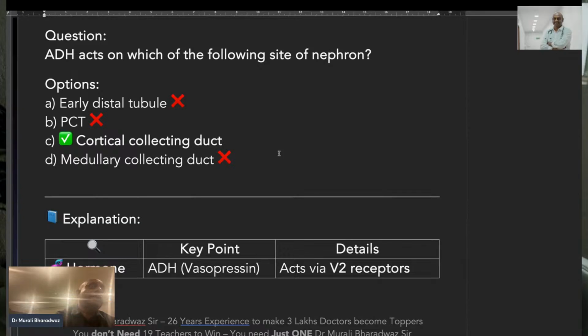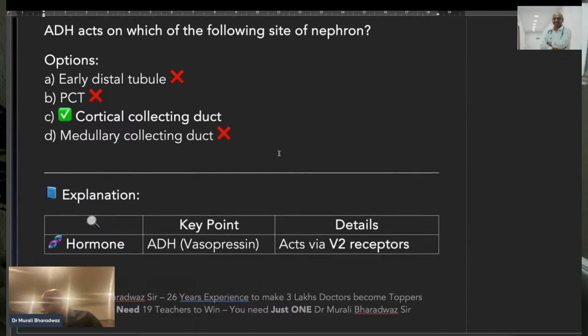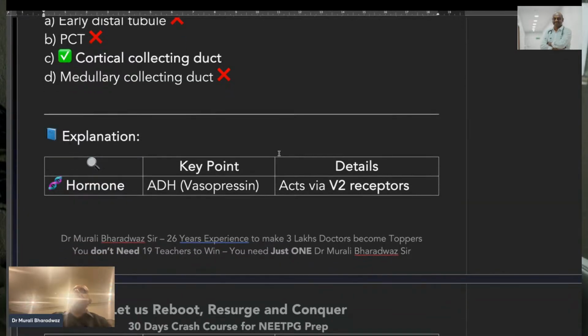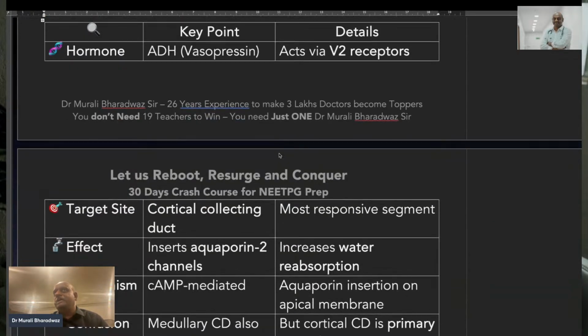Where is the sodium potassium channel? Distal tubule. Where will thiazide diuretics act? Distal. Where will loop diuretics act? Very good. So all diuretics: classification, mechanism, side effects. Compulsory topic in the FMGE.